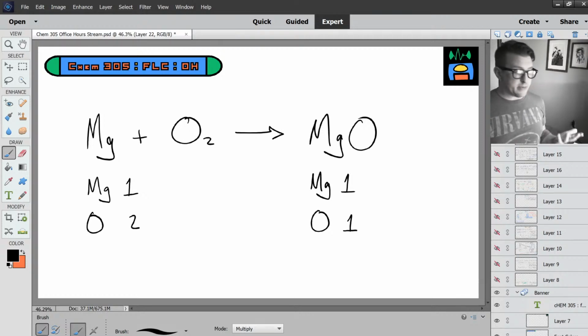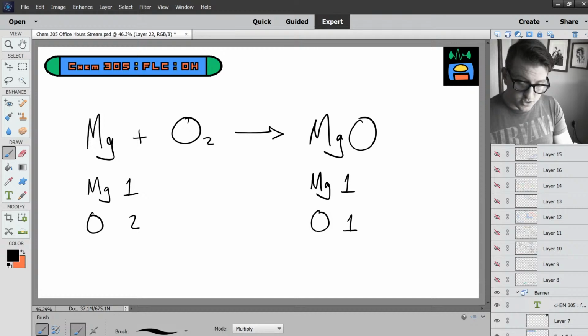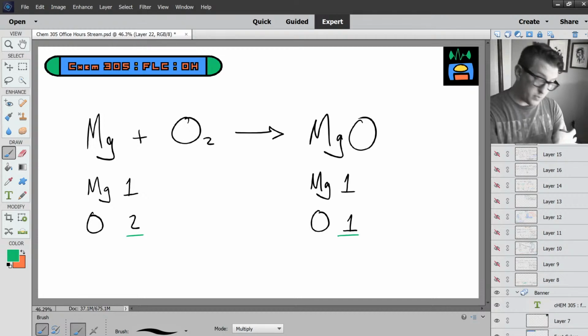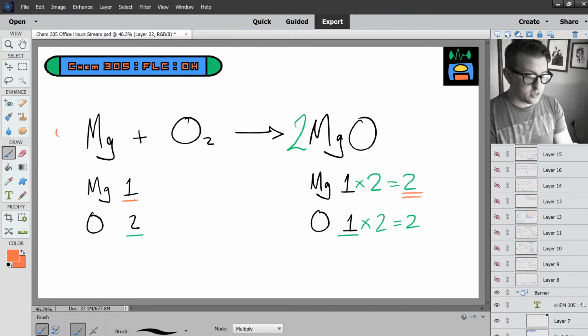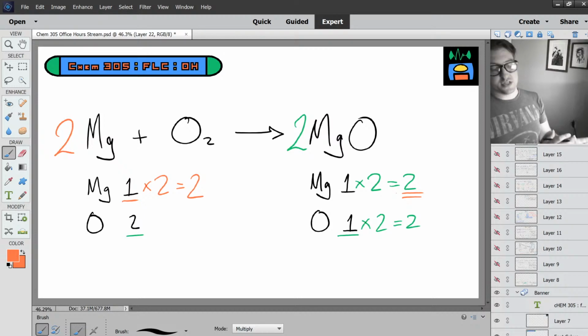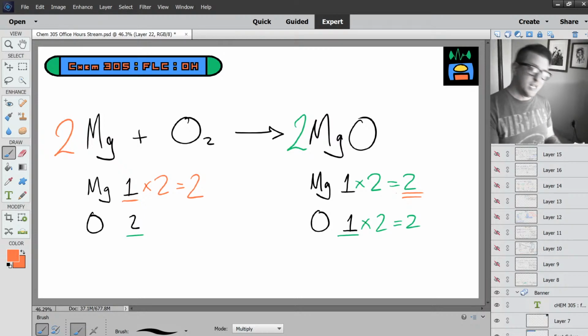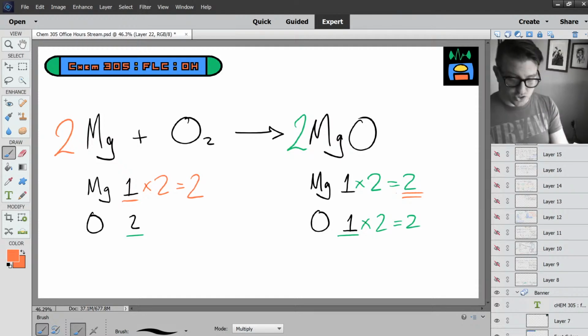Well, we know that matter can't be created or destroyed, so we need our oxygens to match up. If we start with 2, we've got to end with 2. So when we multiply this whole molecule by a 2, now we have 2 magnesium and 2 oxygen. The problem now is we have 2 magnesium on the product side and only 1 on the reactant side. So that's why we multiply the Mg by 2, to make sure that we start with 2 atoms of magnesium and 2 atoms of oxygen, and then we end with 2 magnesium atoms and 2 oxygen atoms.